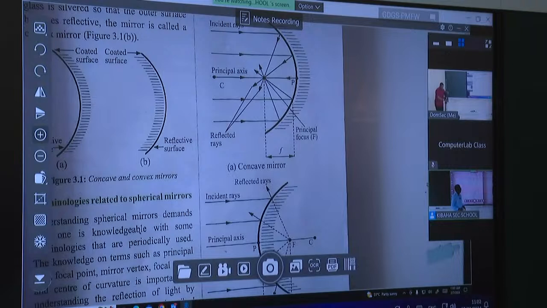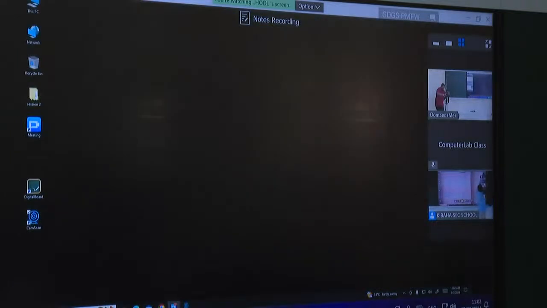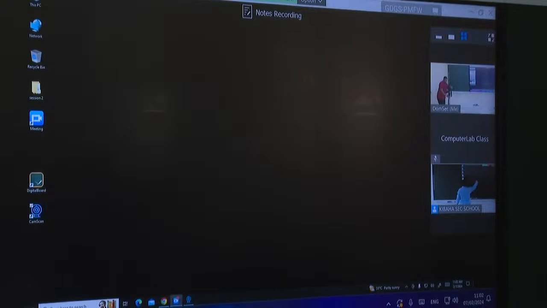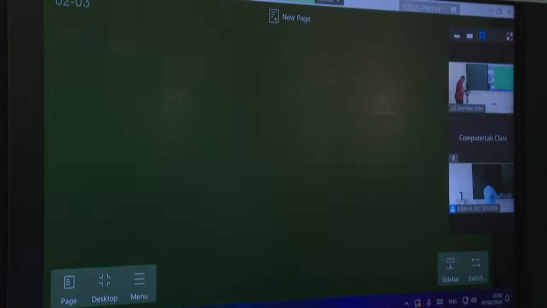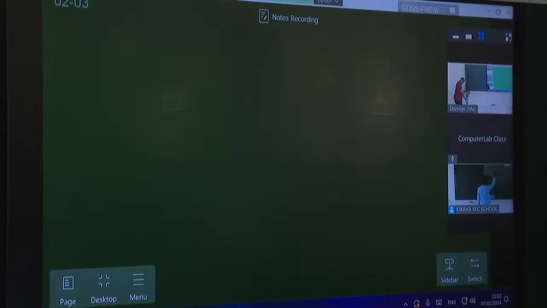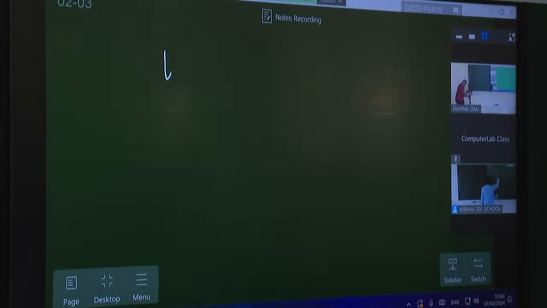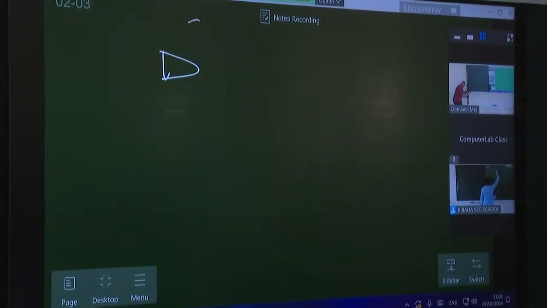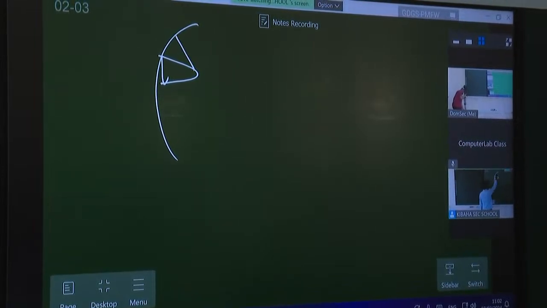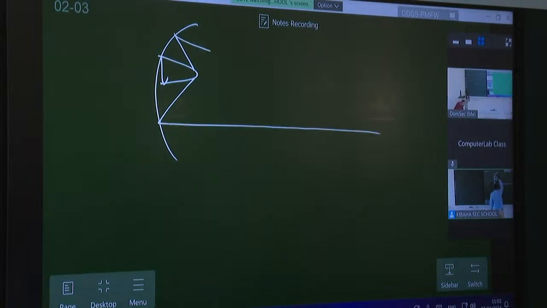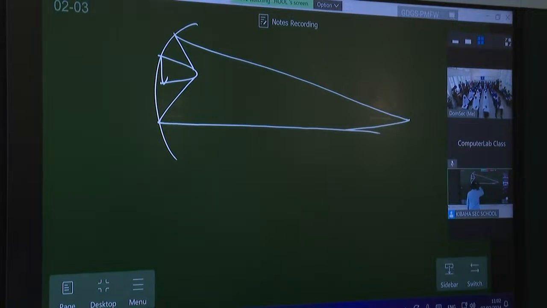For example, if we consider a bulb for a car headlight, when light falls on it, the light should reach the sides of the mirror, and then go further and meet a certain point.